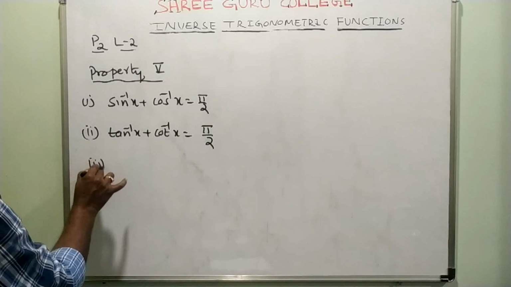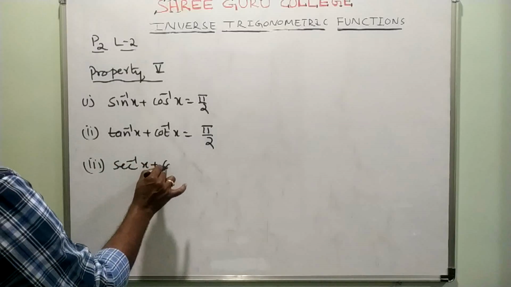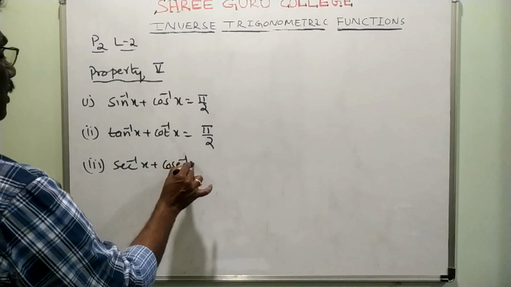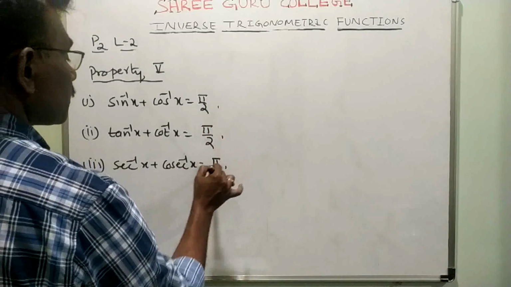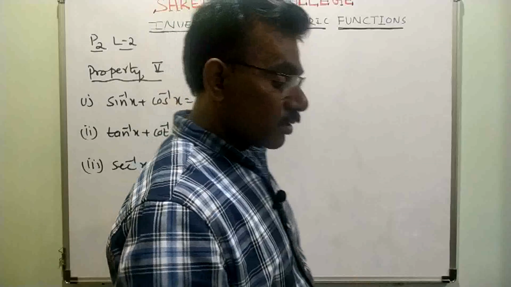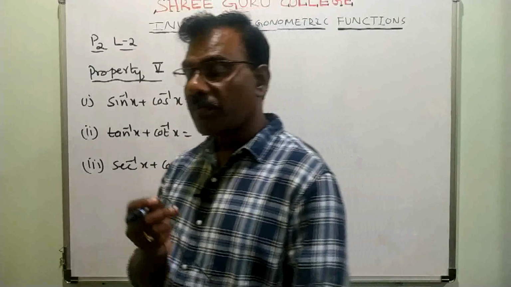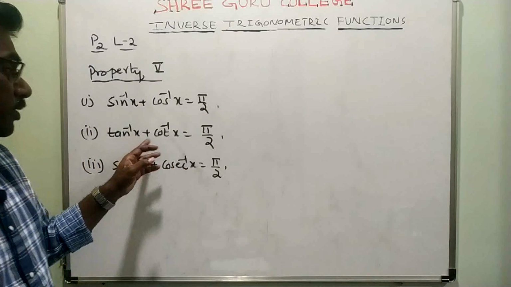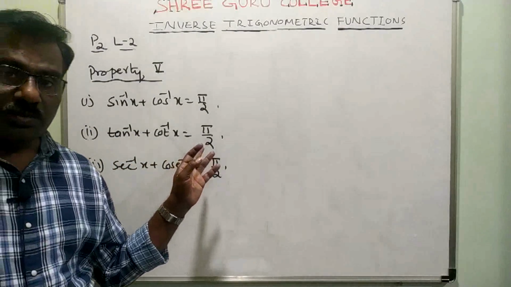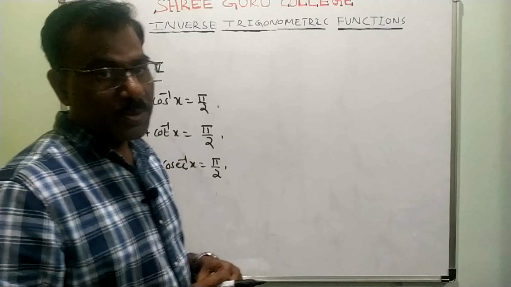Number 3, secant inverse of x plus cosec inverse of x is pi by 2. So these are very important. These are called fundamental properties.